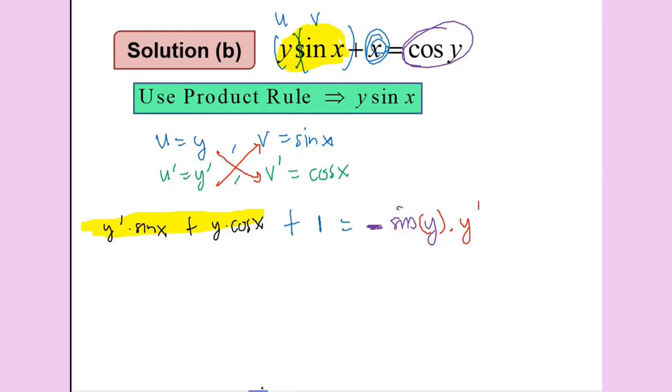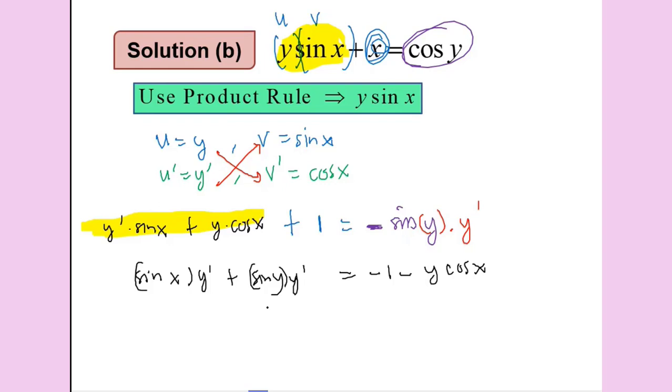Then we need to bring to one side. So sin x y prime plus sin y prime is equal to negative 1, minus y cos x. Bring to one side.